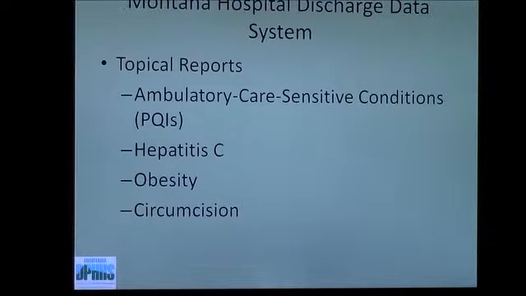So there's a whole big list of ambulatory care sensitive conditions. This is a good place to focus because it's not just us saying something can be done to prevent this, but the smart people at Berkeley say something can be done to prevent it.